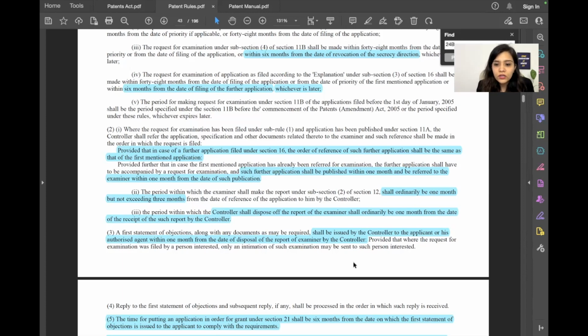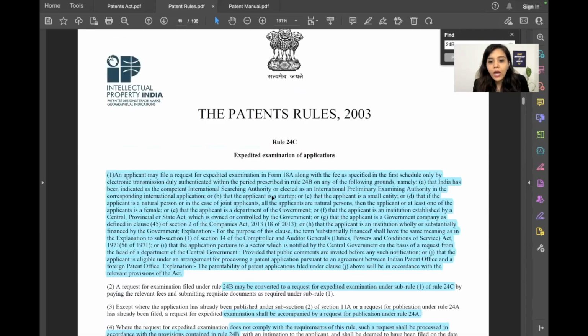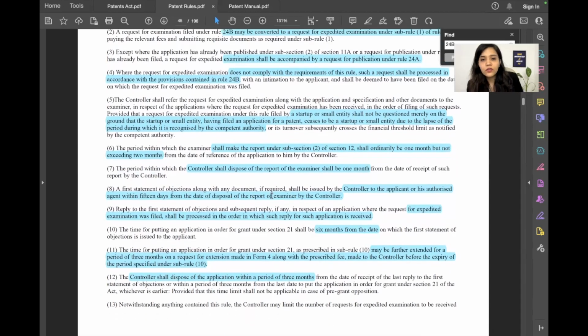So in both these sections, you will find timelines, like within what timeline the examiner should give the report to the controller, within what time the controller should give the report to the applicant. All of these timelines are mentioned in 24B and 24C as well. And a careful reading of this will tell you that 24C timelines are shorter than 24B timelines, because 24C is an expedited examination.